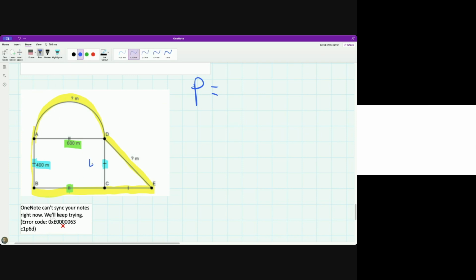I guess I can write this as 400. And this is 600. Ooh, but I just noticed something. This and this are the same. Now, if that whisker and that whisker are the same, that must be 400.